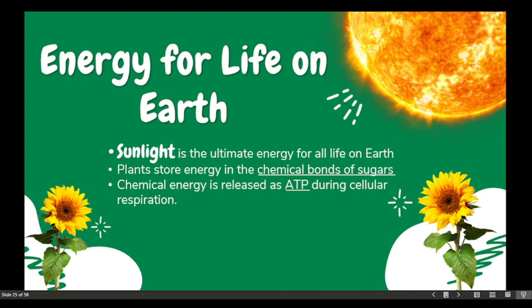But technically, all the energy is from the sun. Also keep in mind our law of conservation of energy, that energy can neither be created nor destroyed. It can only be transformed from one form to another. So we are just converting energy here from light energy to chemical energy.